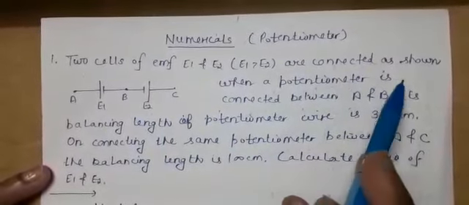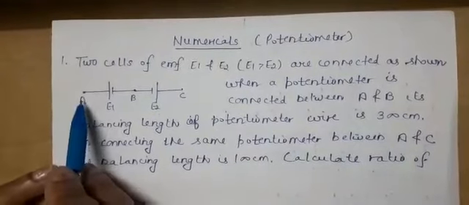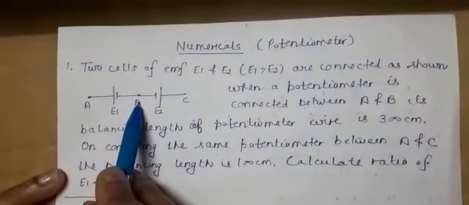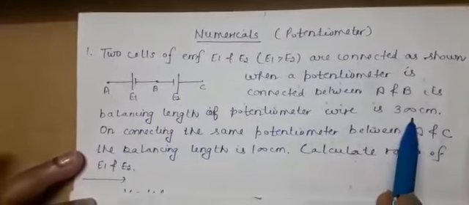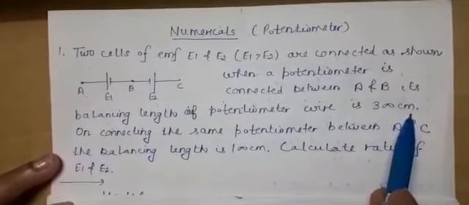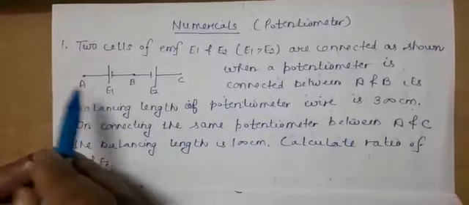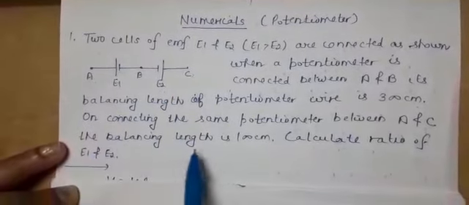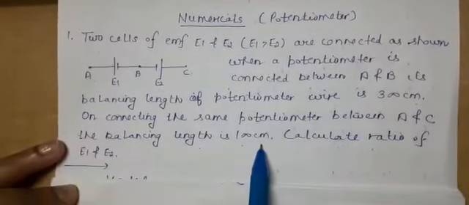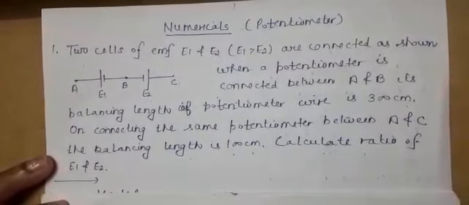When a potentiometer is connected between terminals A and B, its balancing length of the wire is found to be 300 centimeter. Whereas on connecting the same potentiometer wire between A and C, the balancing length is 100 centimeter. So what you have to find: calculate the ratio of E1 and E2.